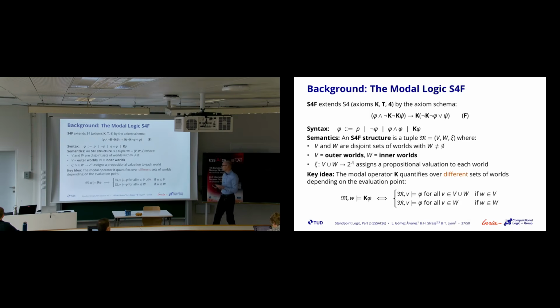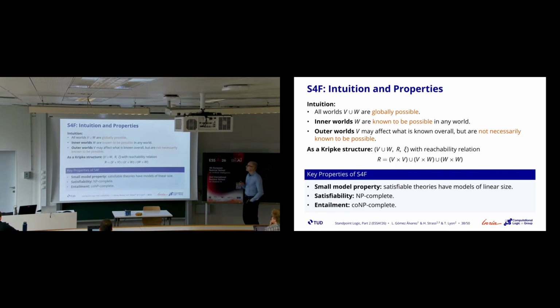So that's the idea. And the point is, and we will see this later on, that these S4F structures are used as potential counterexamples in the process of minimization. So all of these worlds are possible in the overall structure, and they determine what is known in the overall structure. The inner worlds are globally known to be possible from anywhere. The outer worlds affect what is known overall, but their presence is not necessarily known everywhere in the structure, right?